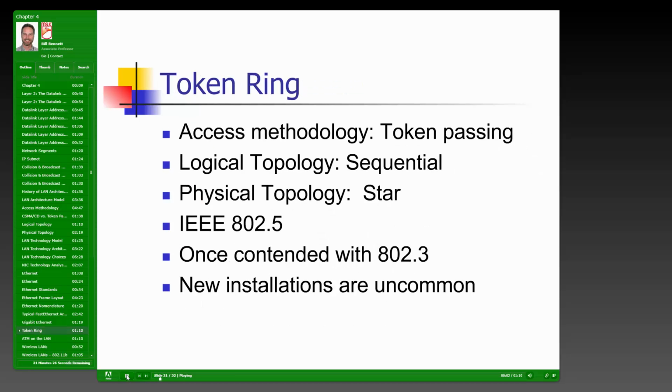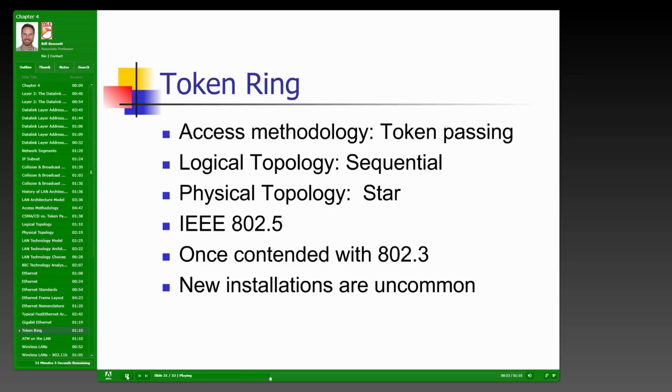The next architecture we look at is token ring, not really utilized too much anymore. Again, we've seen some of this discussed before, so to summarize, the access methodology is token passing, its logical topology is sequence. The message is passed from one machine to the next, to the next, until it gets to its destination.